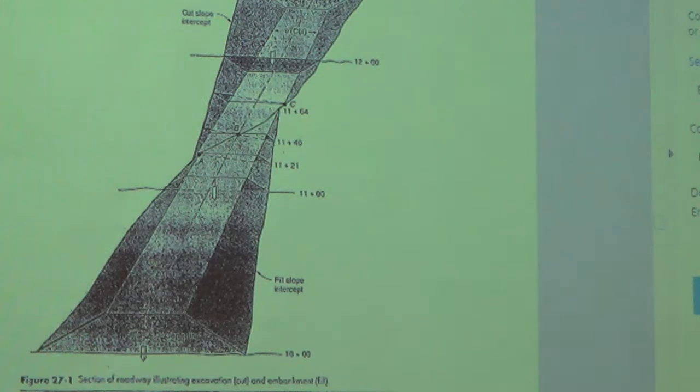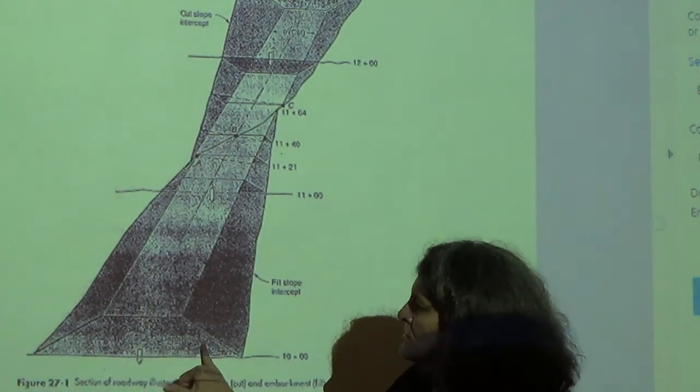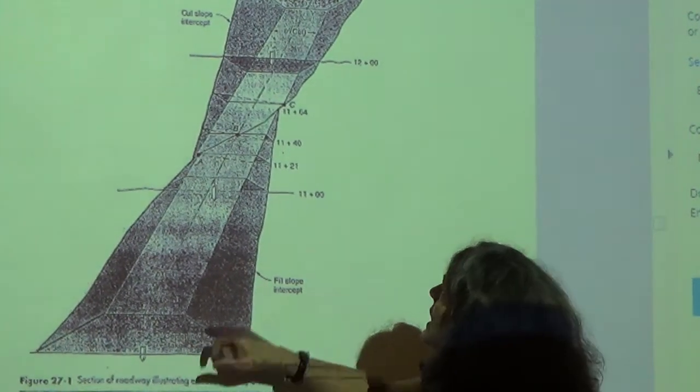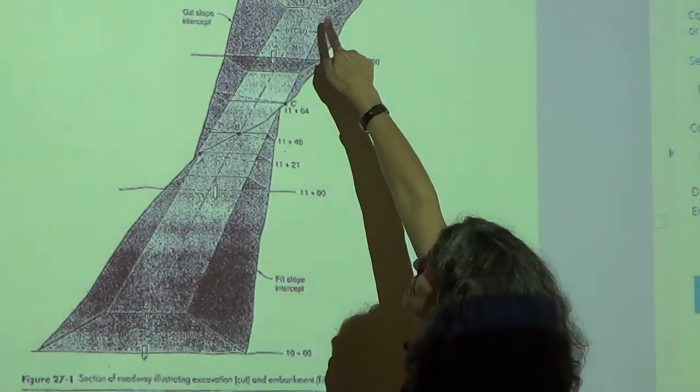So the existing ground surface is high, and where the road's going to be is lower. So what do they need to do? They're not going to fill it. Instead, they're going to cut it. So in the front, at station 10 plus 0, 0, the contractors have to bring soil in. And over here, they have to remove soil.